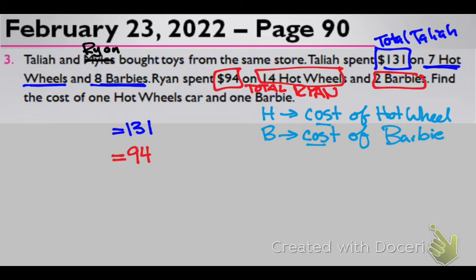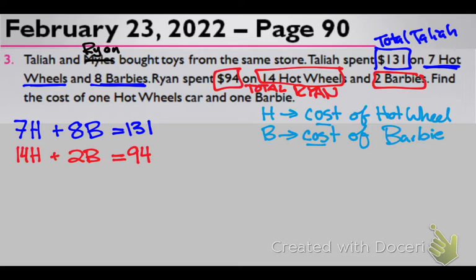I'm going to write 7H plus 8B. And then the next one will have 14H plus 2B.